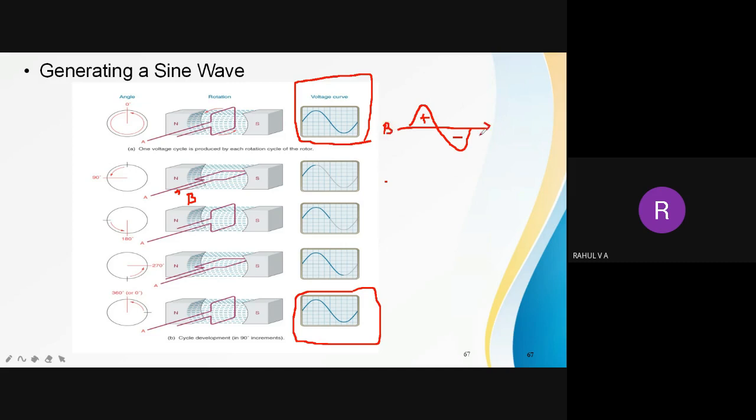Initially when it is rotating in the anti-clockwise direction, EMF is induced in the A conductor. So with respect to B, A is having a positive value, and it goes to the positive maximum, then it reduces to 0.